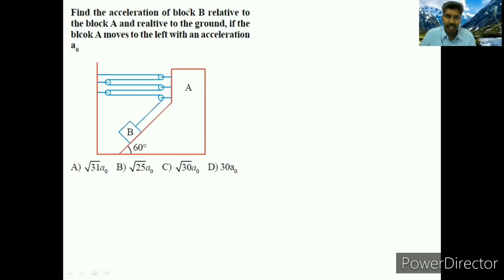Find the acceleration of block B relative to block A and relative to the ground. If block A moves towards the left with an acceleration, a is equal to a naught they gave. Now here the tension is there. This is T by 2 I will take. So this is the tension T. This will pass here.